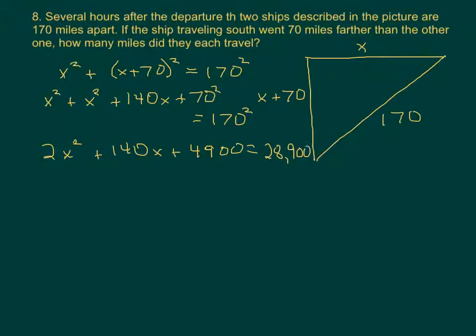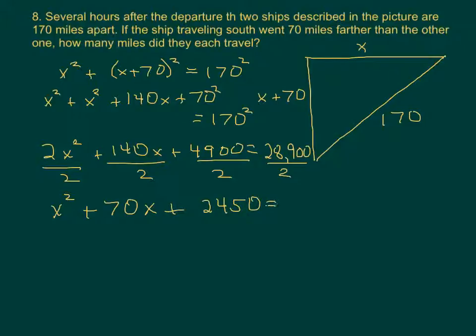28,900. We can see right away that everything's even, so let's divide it all by 2, because we prefer working with smaller numbers. x squared plus 70x plus 2450 equals 14,450.